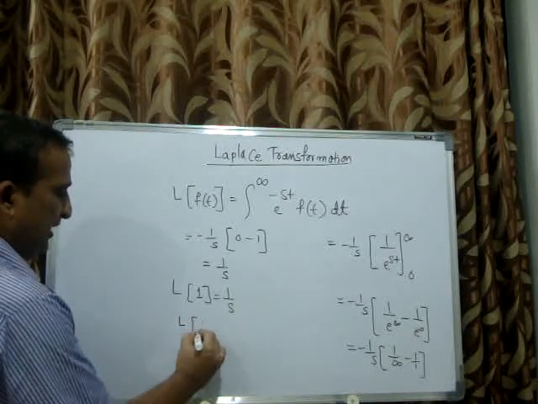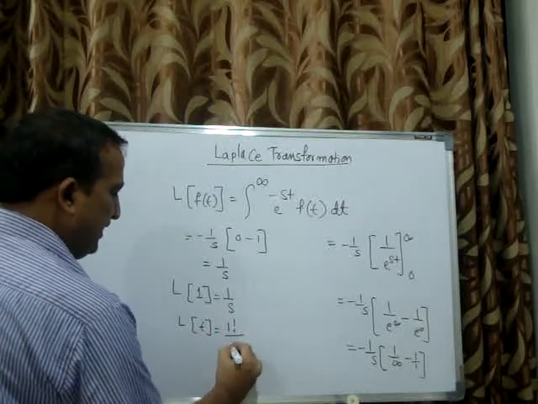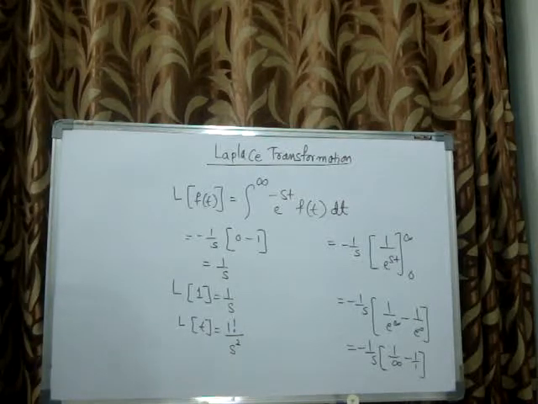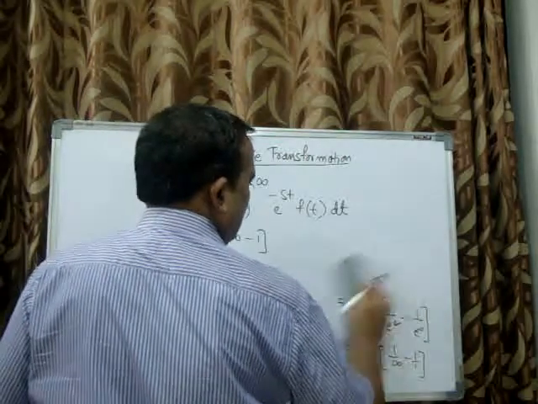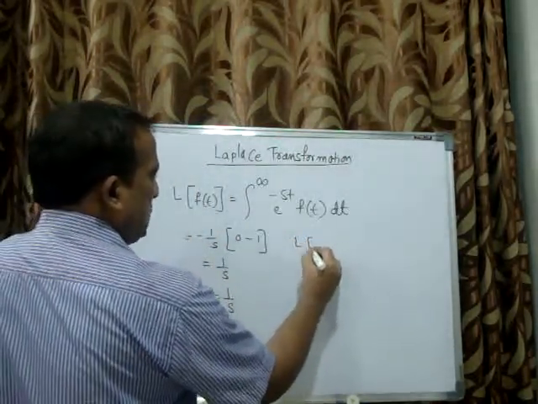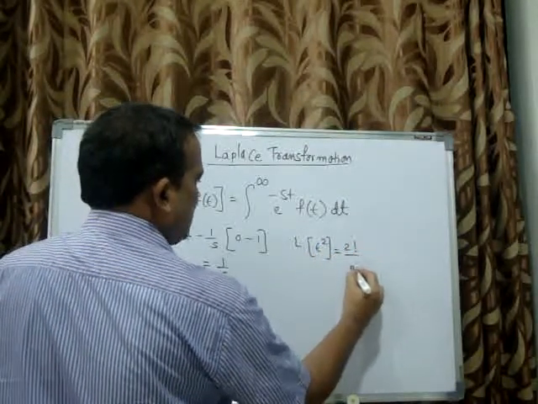For example, Laplace of t equal to 1 factorial divided by s square. Correct? Next, Laplace of t square is equal to 2 factorial by s cube.